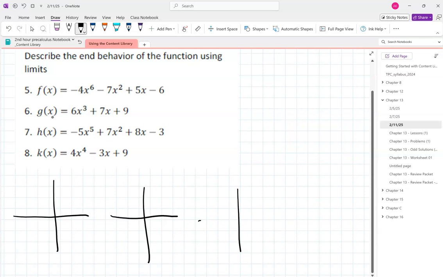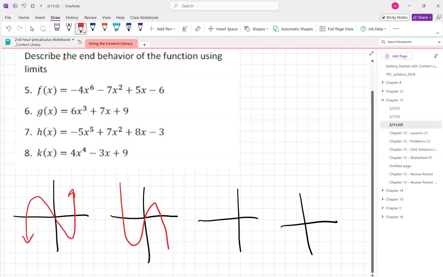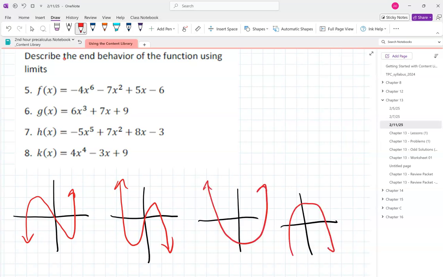So we saw for polynomials, there were 4 basic shapes for the end behavior. Those are the 4 basic shapes, right?